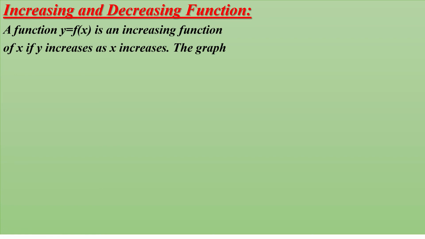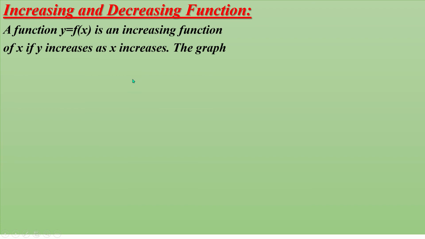As y and f of x are the same, y equal to x means f of x is equal to x. When we put x equal to 1, y equal to 1. Clear? And when x is equal to 2, that means x is increased, then y is also equal to 2.